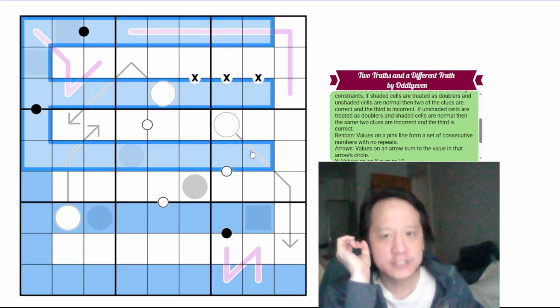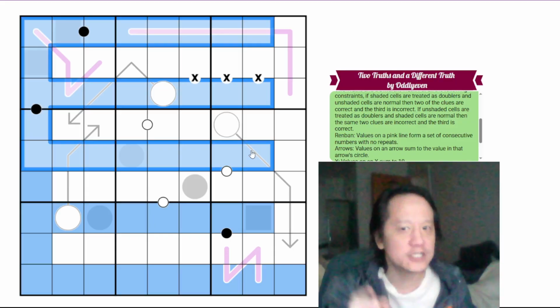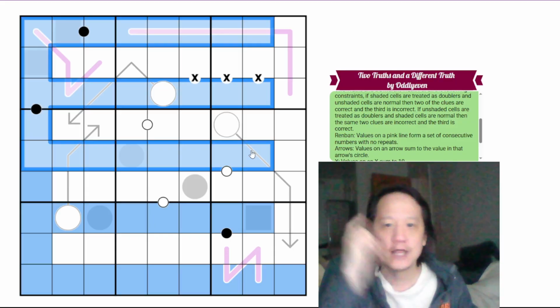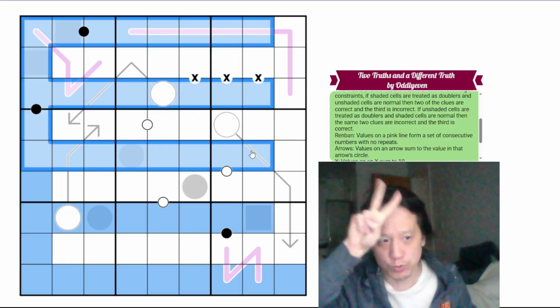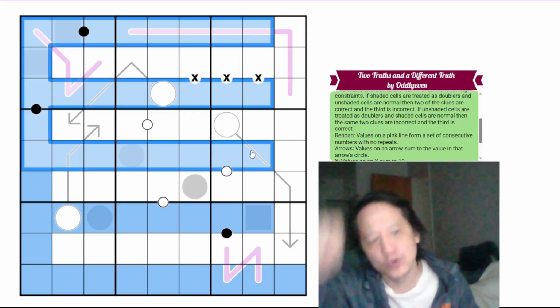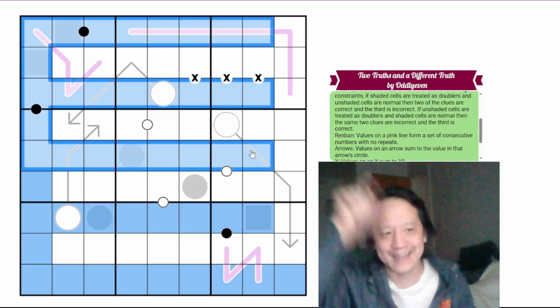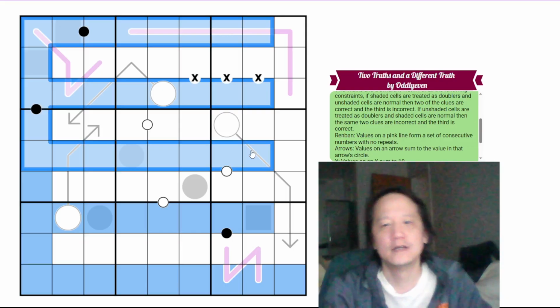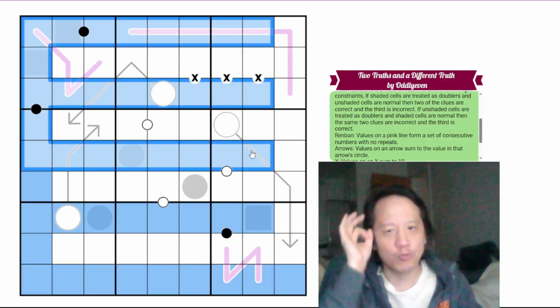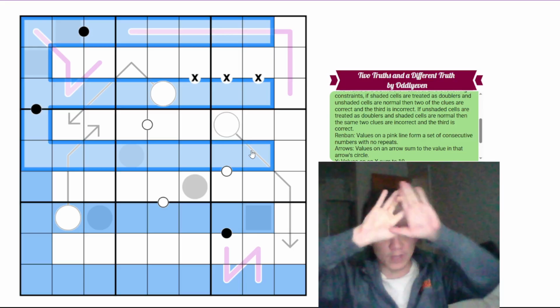When shaded cells are not treated as doublers and are treated as normal, and unshaded cells are treated as doublers, then the same two clues which were correct earlier are now incorrect, and the third clue that was incorrect earlier is now correct. So it should be "when shaded cells are treated as doublers," not "if," because that was throwing me all off.